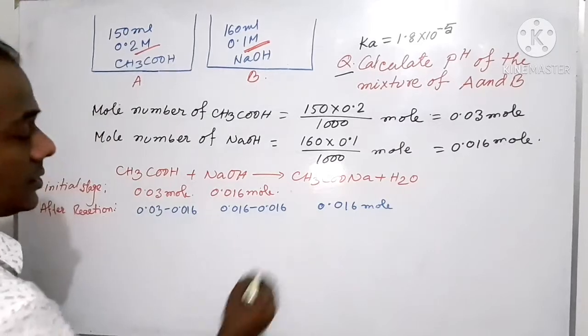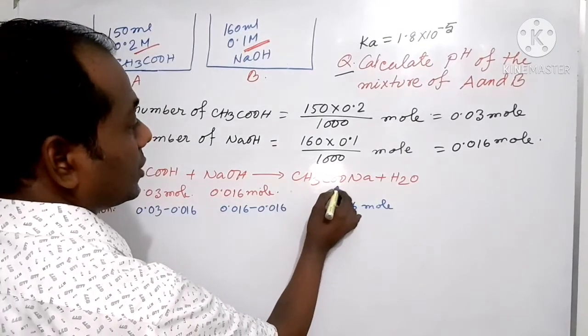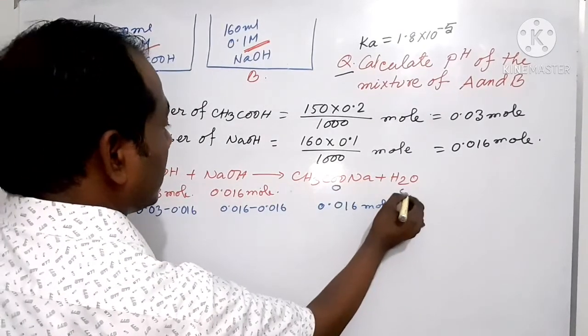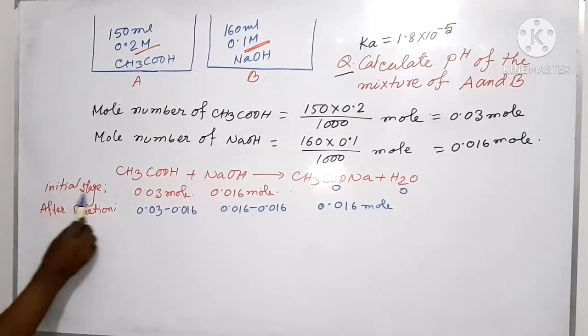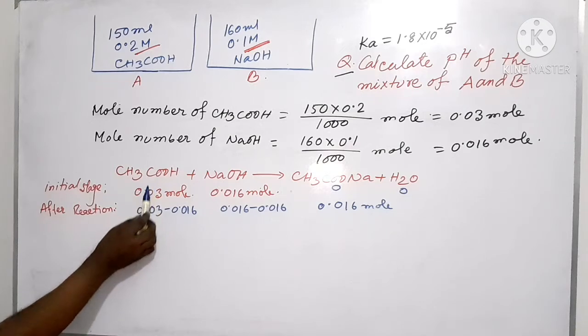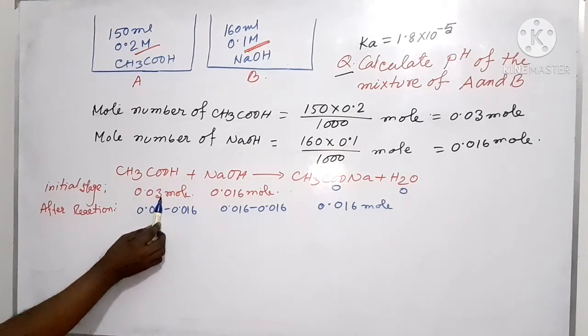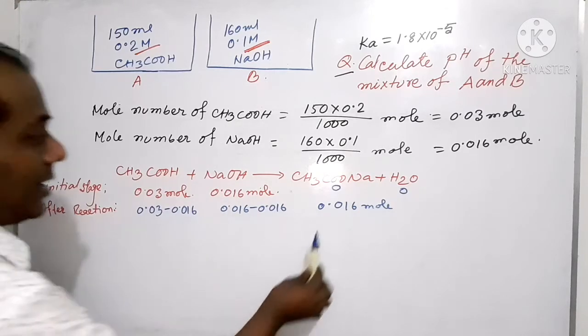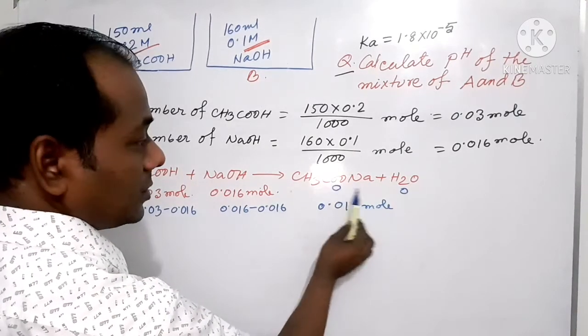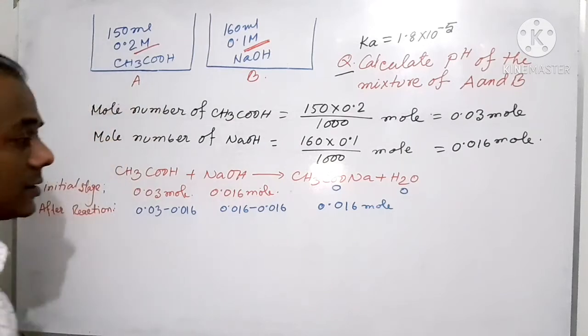At the initial stage the mole number of sodium acetate is 0 and water is 0. I can repeat: at the initial stage acetic acid is 0.03 mole, sodium hydroxide 0.016 mole, and sodium acetate and water are 0.